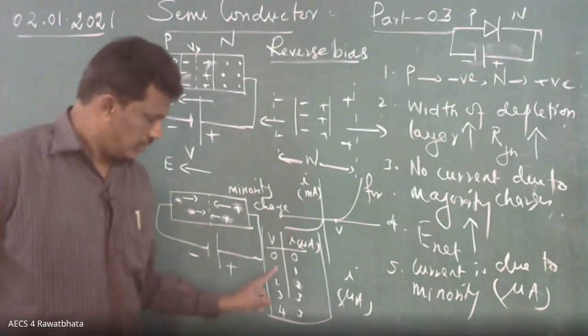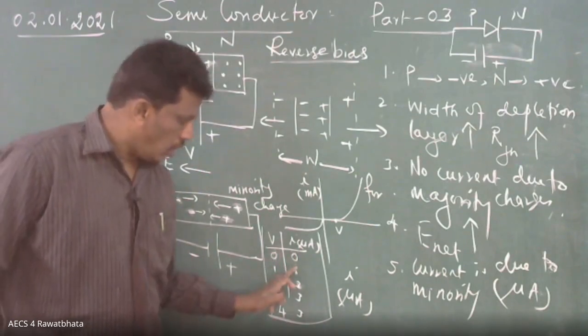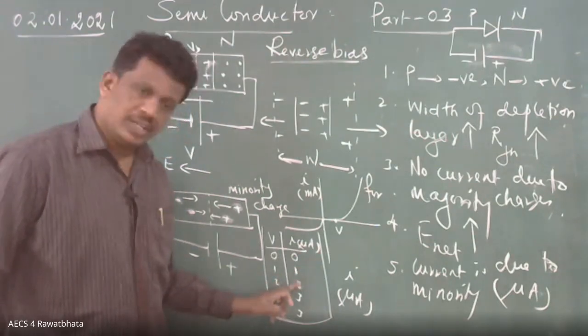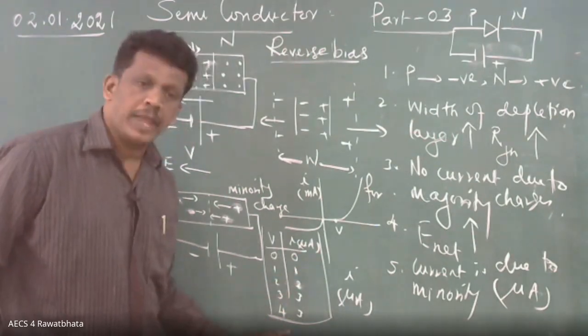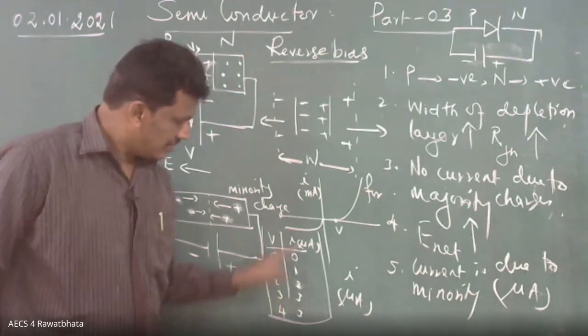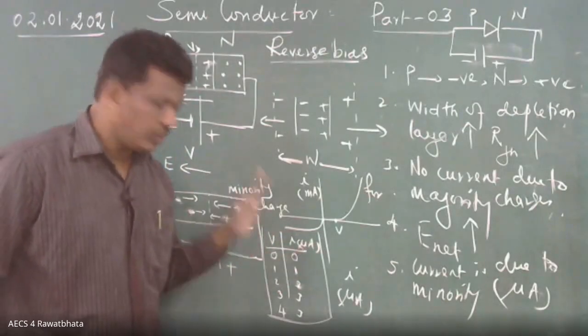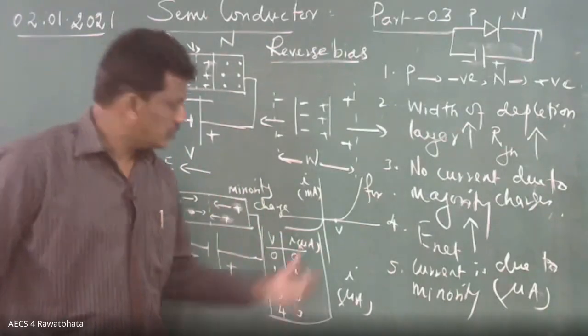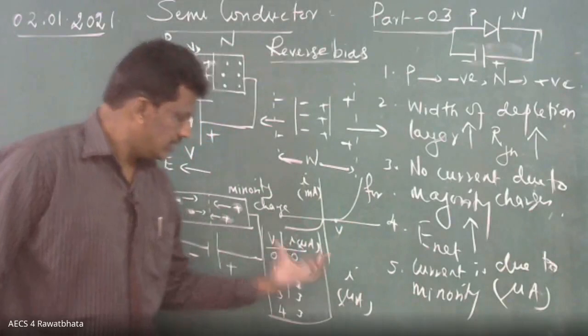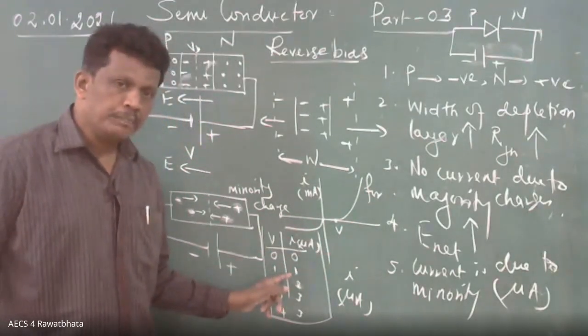See that 0, 0, 1, 1, you got it, 2 you are getting 3. After that, when you increase the applied voltage, no change in the current. The current is saturated. Suppose 3 microampere. So this is forward bias. This is reverse bias. I think the concept is clear to you.